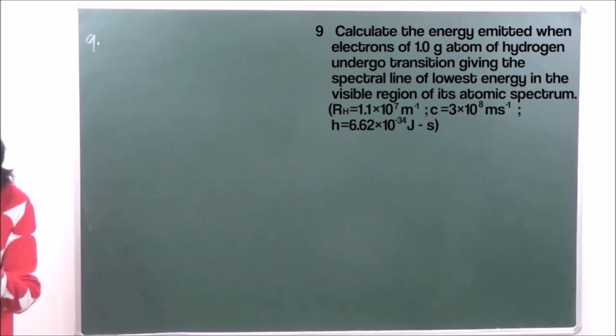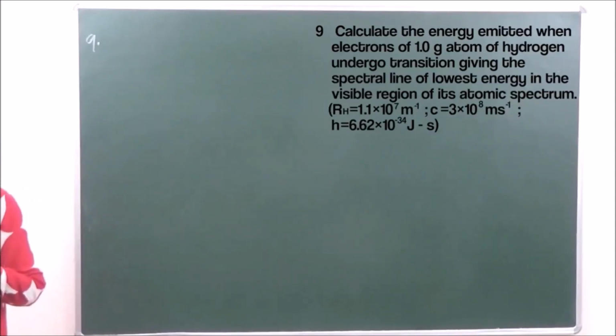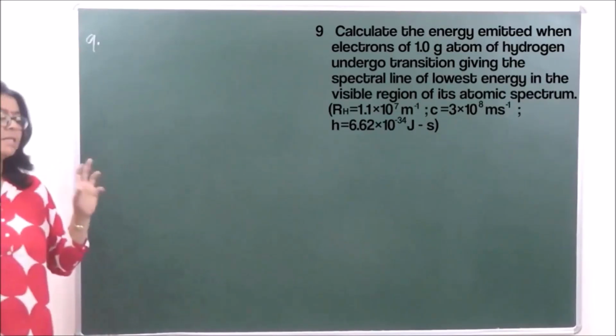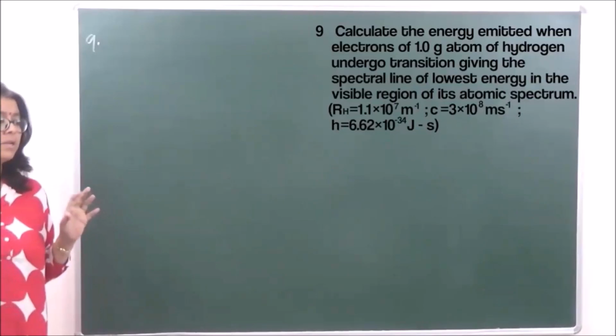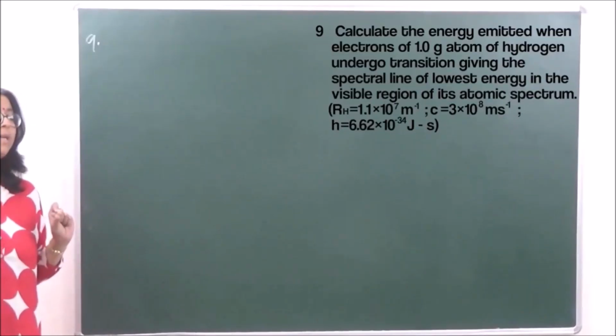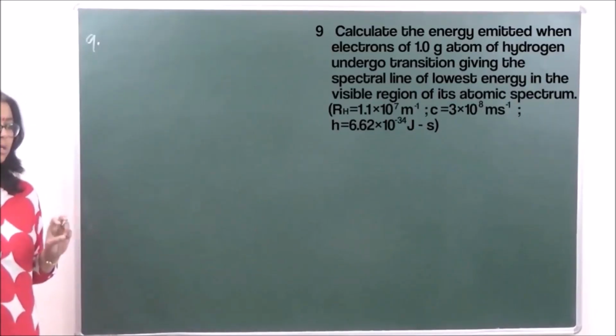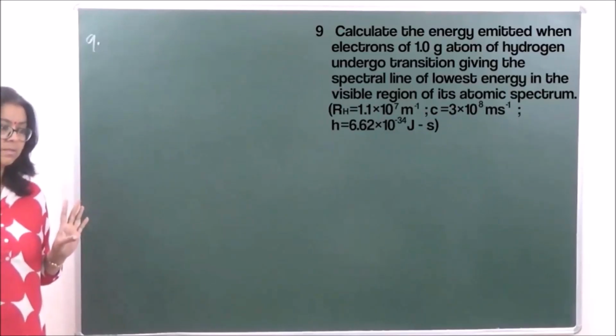C is also given and H is also given. Now the question is telling us that the transition is in the visible region. So if the transition is in the visible region, the value of n has to be taken according to the Balmer series.